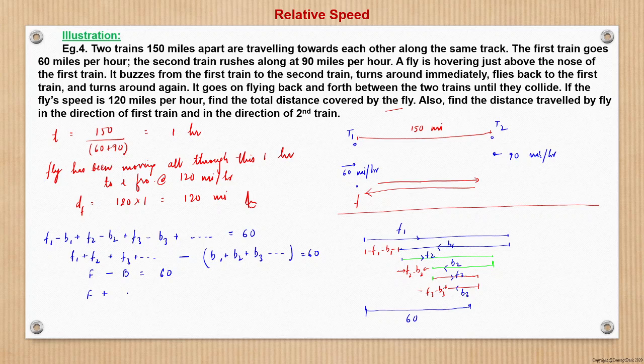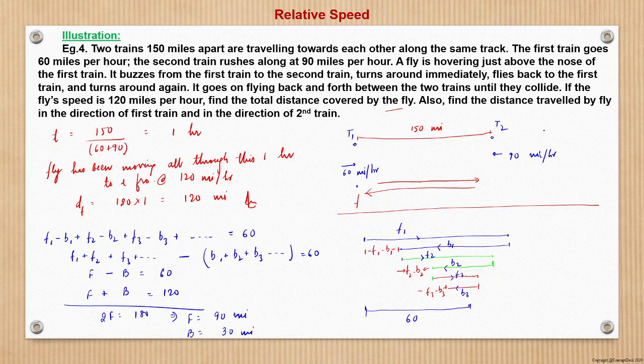So F plus B, all the forward and backward movements combined, is 120 miles. Adding these, 2F is 180, so F is 90. So forward movement is 90 miles, and backward movement is 30 miles, right?